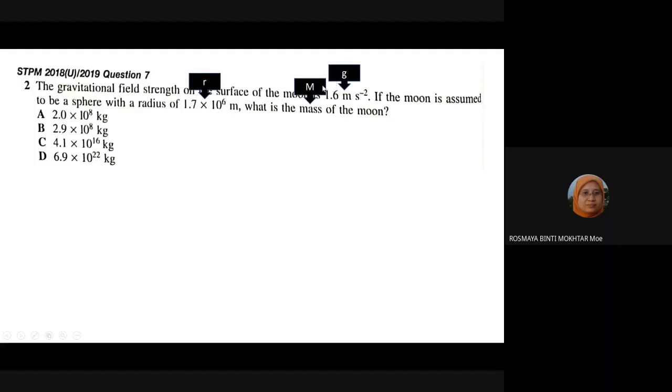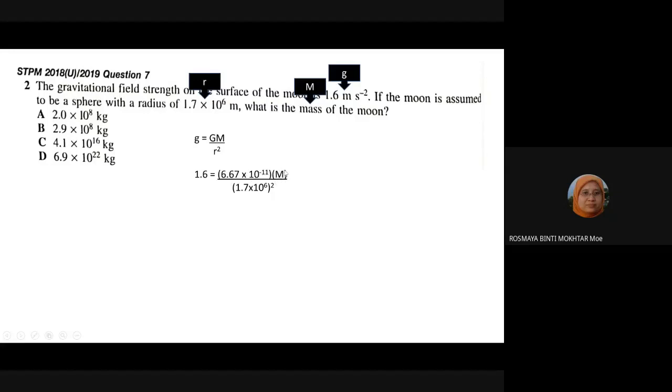So from g, M, and R here, the equation is gravitational field strength g equals GM per R squared. So we substitute the values given. 1.6 is g. Capital letter G, the gravitational constant, is 6.67 times 10 to the power negative 11.